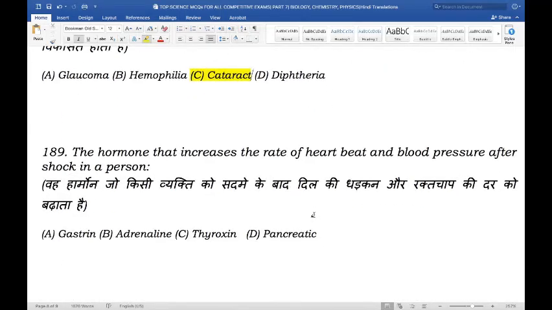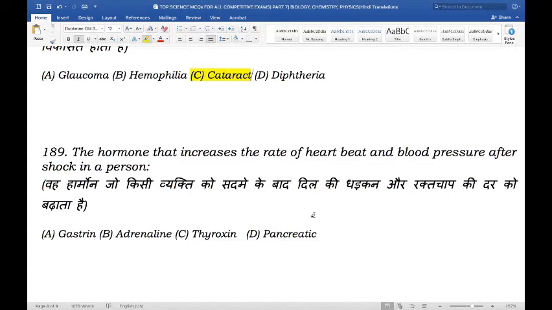The hormone that increases the rate of heartbeat and blood pressure after shock in a person is called, is it A, gastrin, B, adrenaline, C, thyroxine, or D, pancreatic? So which of these is the hormone that increases heart rate and blood pressure after shock?